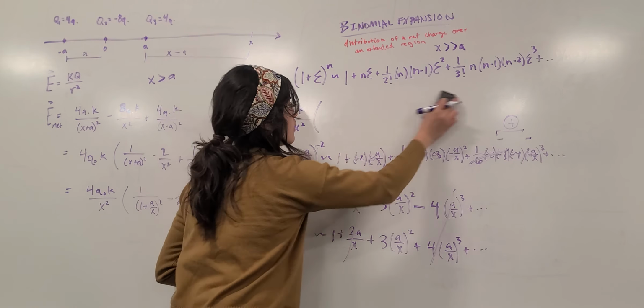Those guys cancel. Okay, so this is what it looks like now. Oh, I forgot my minus 2. Sorry. That's from over here. Okay, so then these guys go away, and we're left with what this looks like in total is 24 q naught times k, a squared over x to the 4th.